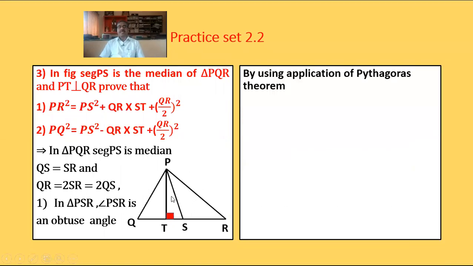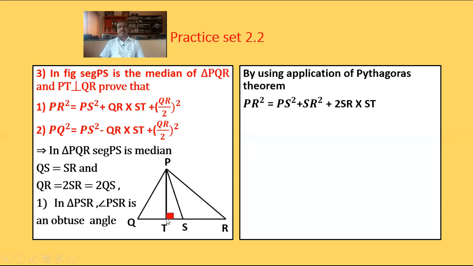Therefore, in triangle PSR, angle PSR is the obtuse angle. By using application of Pythagoras theorem in obtuse angle triangle PSR, the opposite side of the obtuse angle is PR. Therefore, PR square is equal to the sum of squares of the remaining sides, PS square plus SR square.